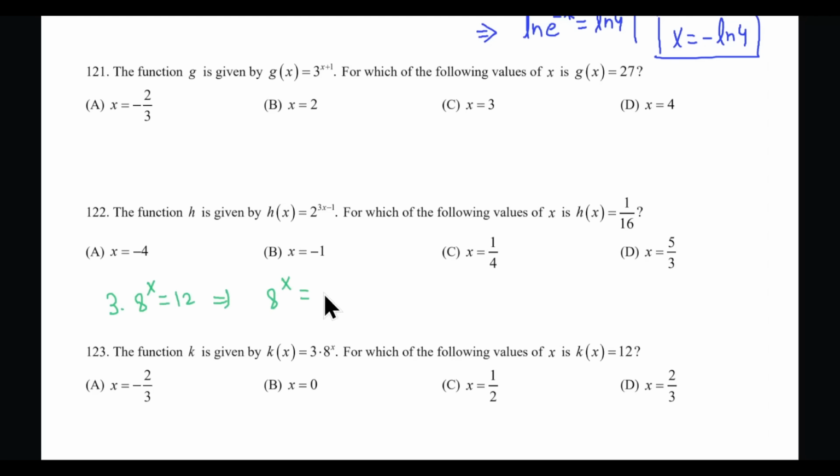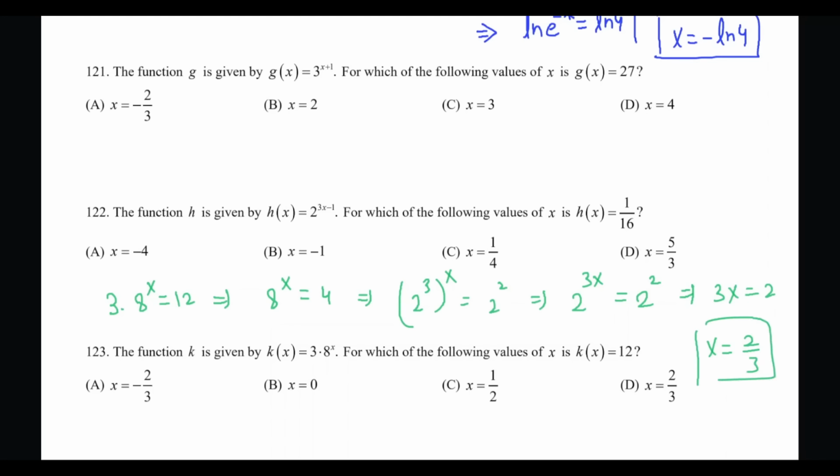So 8 to the x is 4, which means that now 8 and 4 cannot really be converted as a power of one another, but both can be converted to a third number that they will be powers of, which is 2, because 2 cube is 8 and 2 square is 4, which means that 2 to the 3x is 2 square, which means that 3x is 2, which means that x is 2 over 3, which is option D.